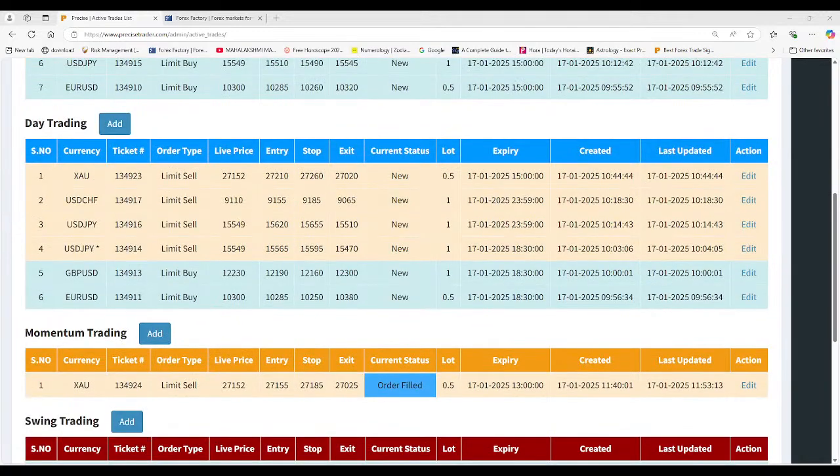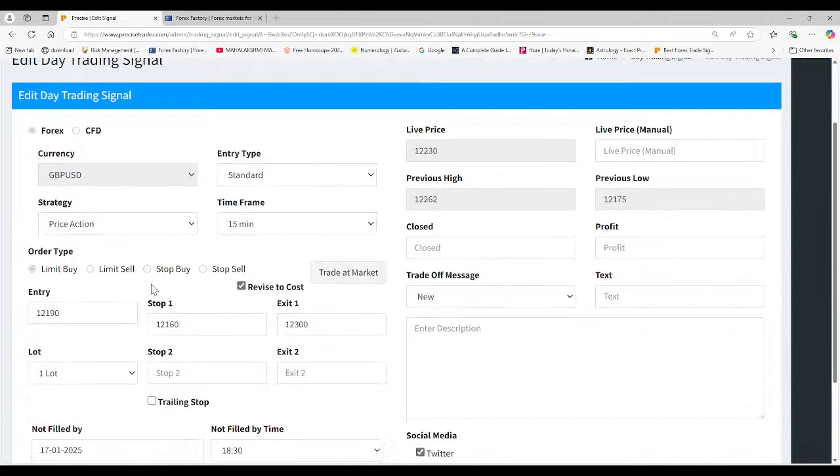Then we have buying call at 121.90 and selling at 123. Okay, so this one probably I may want to raise it to 122, 10 pips higher.